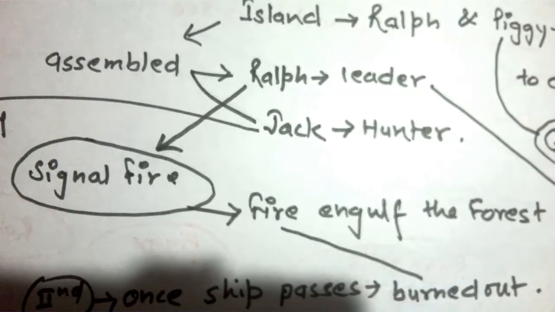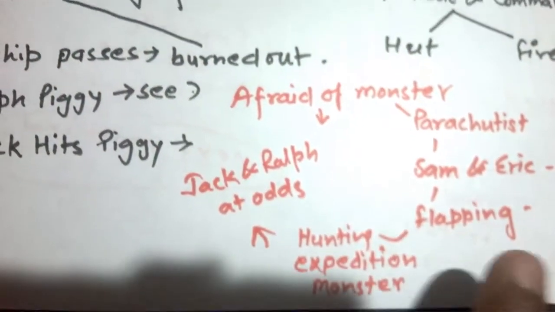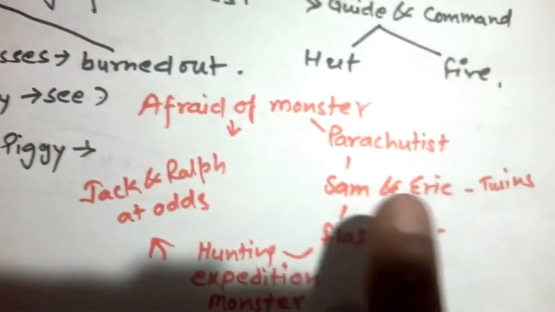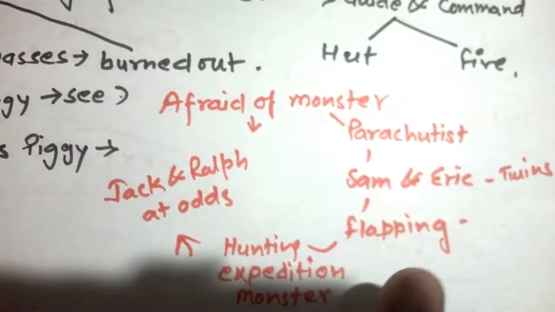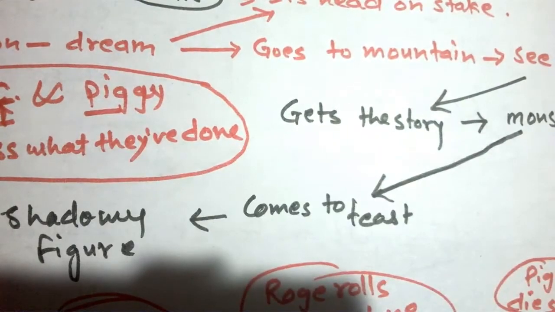Later, who throws the boulder down? He was Roger. And who were twins? Sam and Eric. Okay, and who sees the flapping first? Okay, Sam and Eric, they both see this one. But what happens later? There was Simon.